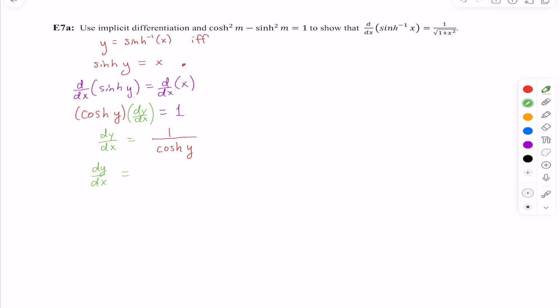With the help of a hyperbolic identity, we can manipulate this following expression. Finally, we are ready to substitute. What was y?